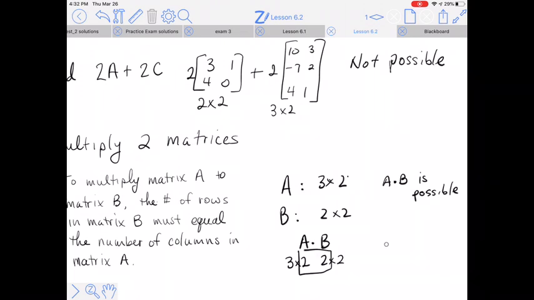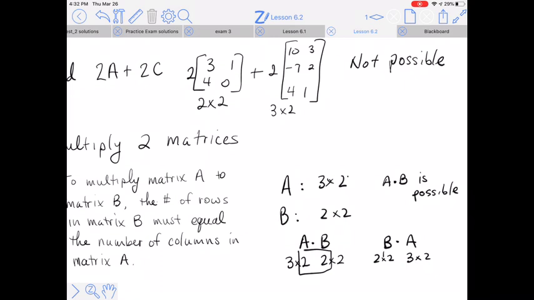If these inner dimensions here are the same, then the matrices can be multiplied. Flipping this around though, B times A. B, remember, was a 2 by 2, and A is a 3 by 2.